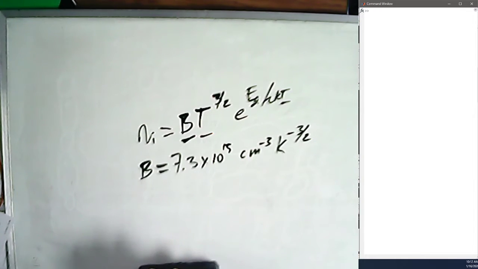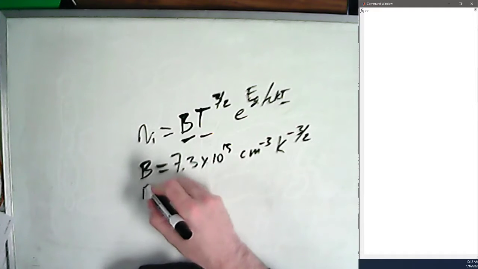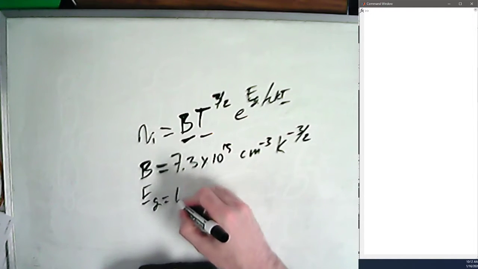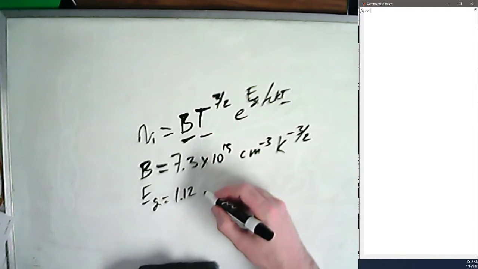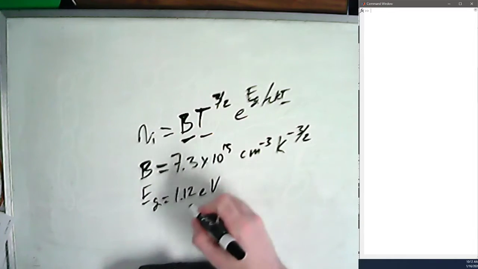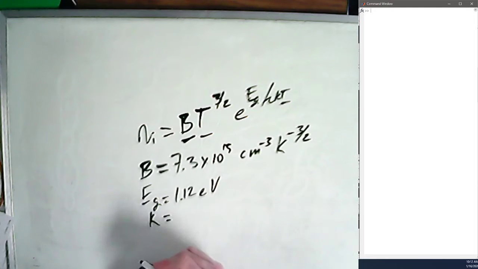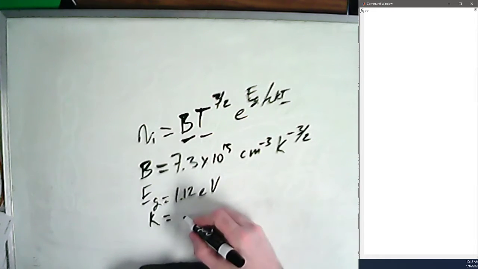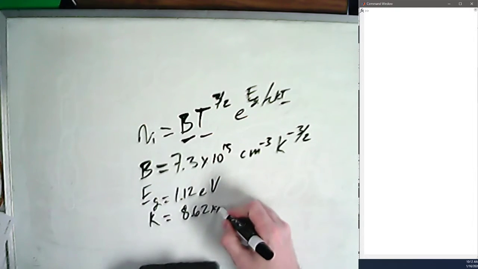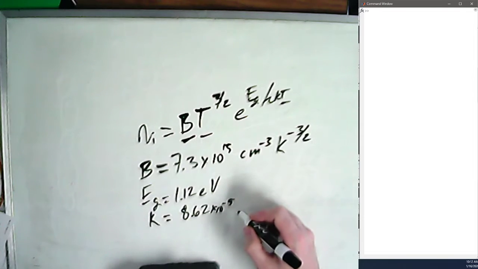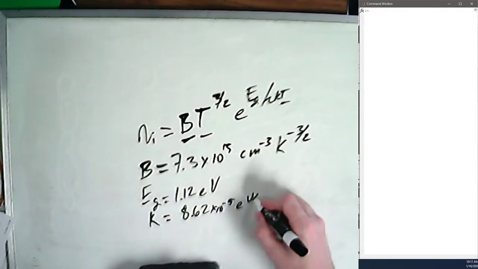Okay? And then, let me see, band gap energy, 1.12 electron volts. Boltzmann's constant. Which one are we going to use? Okay, this one is 8.62 times 10 to the negative fifth electron volts per Kelvin.